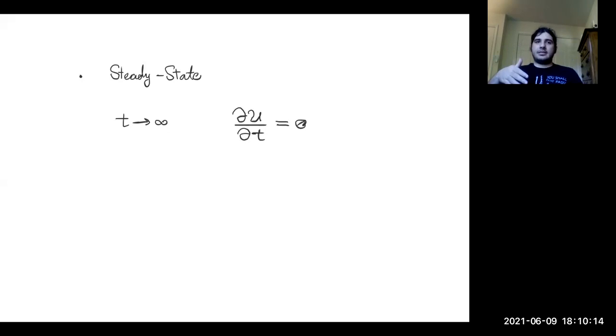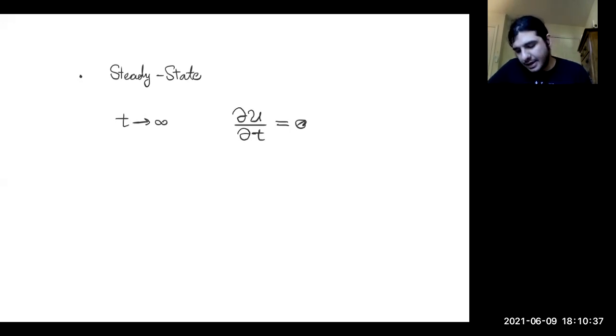So as time goes, this function u converges to a steady state situation or steady state distribution. That is kind of an assumption, okay? We have not proved that, but that kind of makes sense, okay?